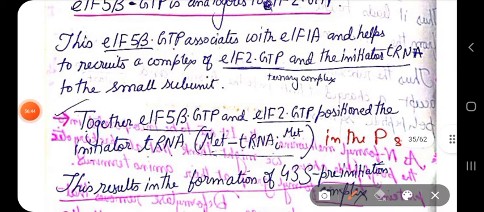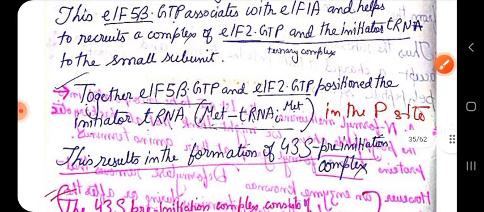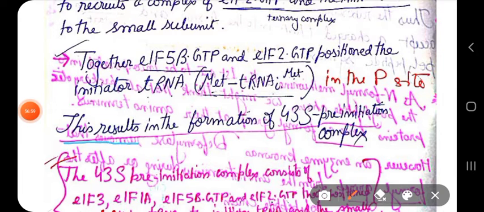So together EIF5B and EIF2 position the initiator tRNA that carries the amino acid methionine in the P site, and this leads to the formation of the 43S pre-initiation complex.